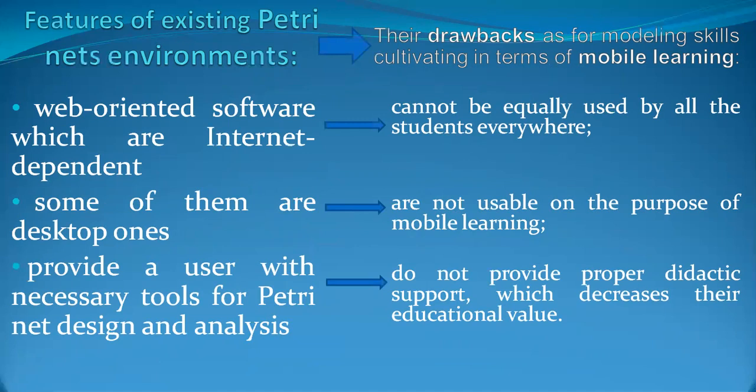Some software provides a user with necessary tools for Petri nets design and analysis, but they represent just the toolkit, which is empty, and it doesn't provide proper didactic support for a student, which definitely decreases the educational value.